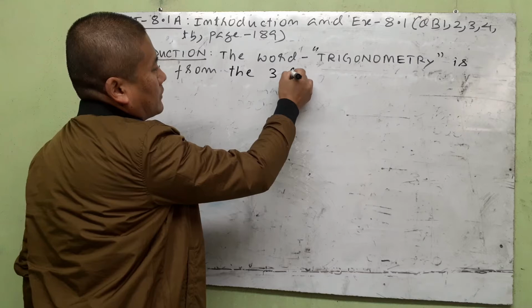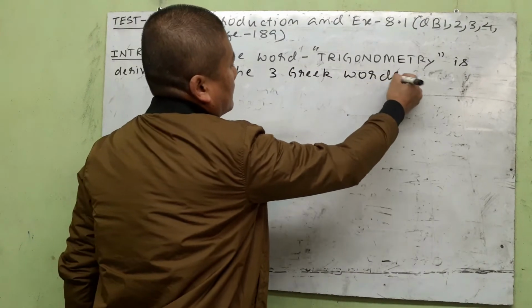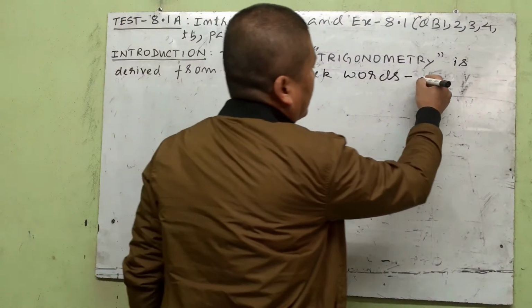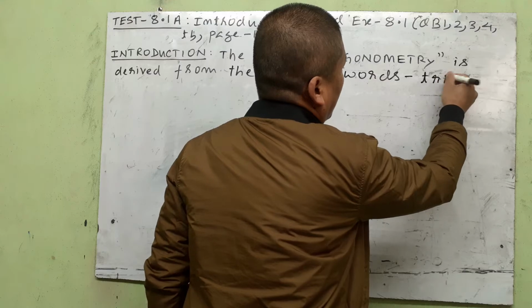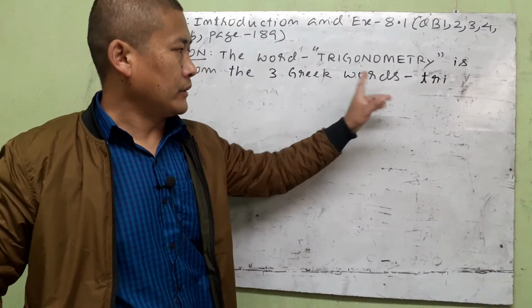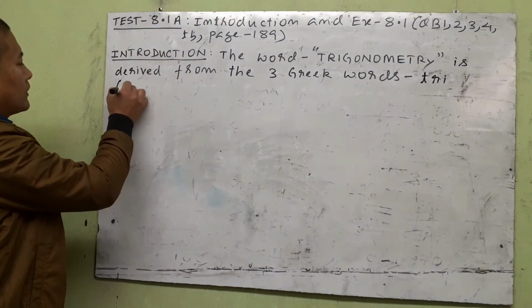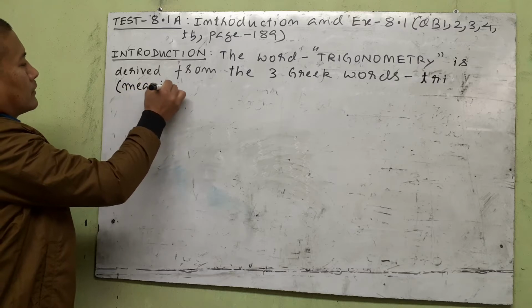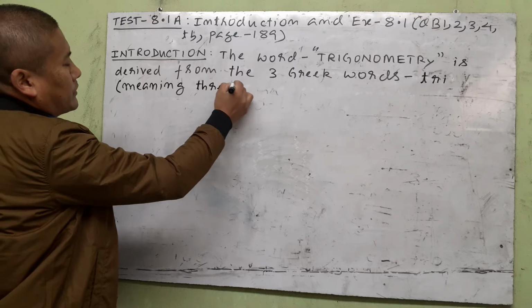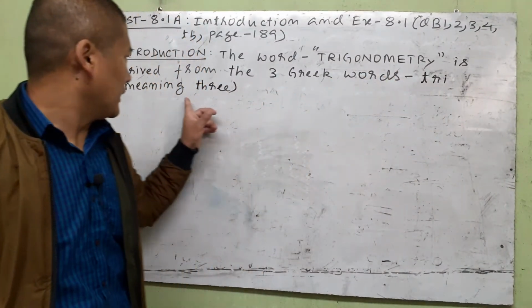The first one is tri, and I repeat, this word trigonometry is derived from three Greek words. The first one, tri, simply means three. The Greek word tri means in English three.